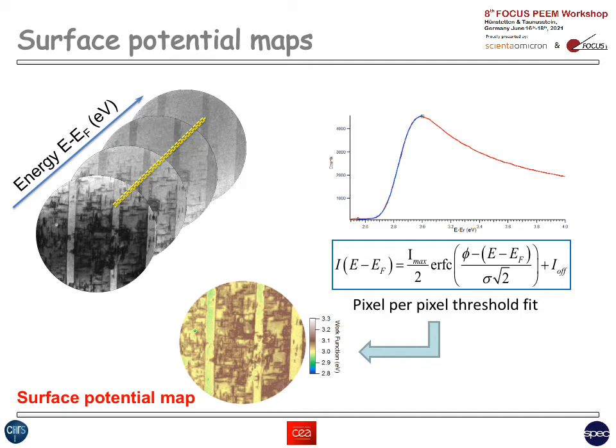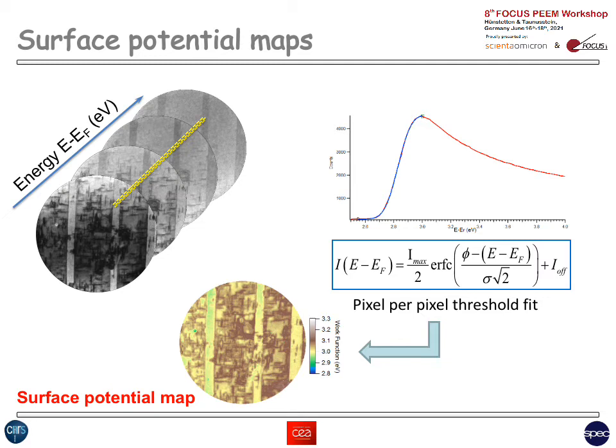Here we have the PEEM images, and we have a series of PEEM images as a function of the electron kinetic energy. Using an automated fit procedure, we can then look at the photoemission spectrum at each and every one of the pixels in our field of view.